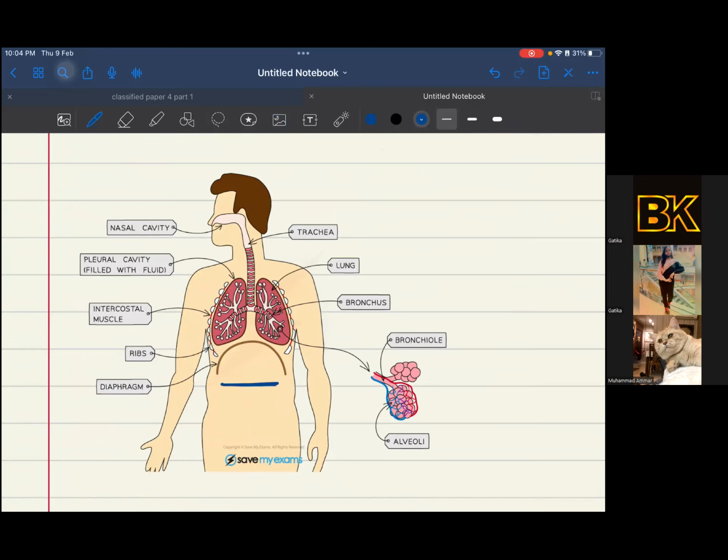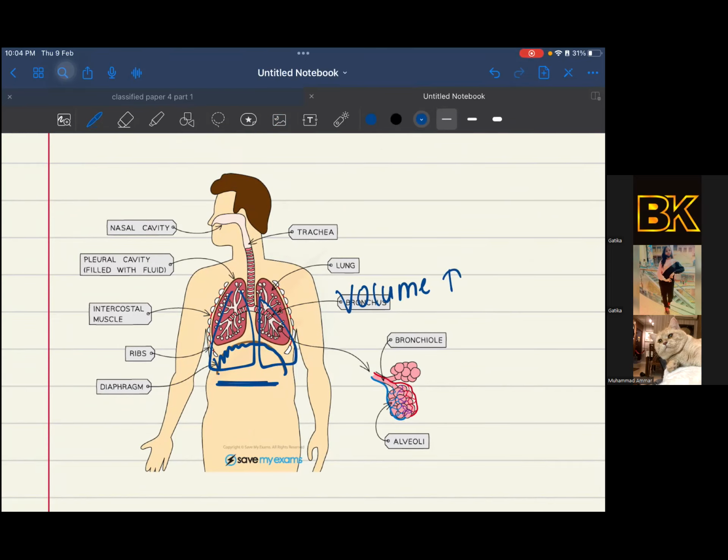Now, when the diaphragm contracts, it flattens. This increases the volume of the chest cavity. When this is contracted, the lungs can basically expand themselves, right? So when they expand, the volume will increase. Do you understand that?